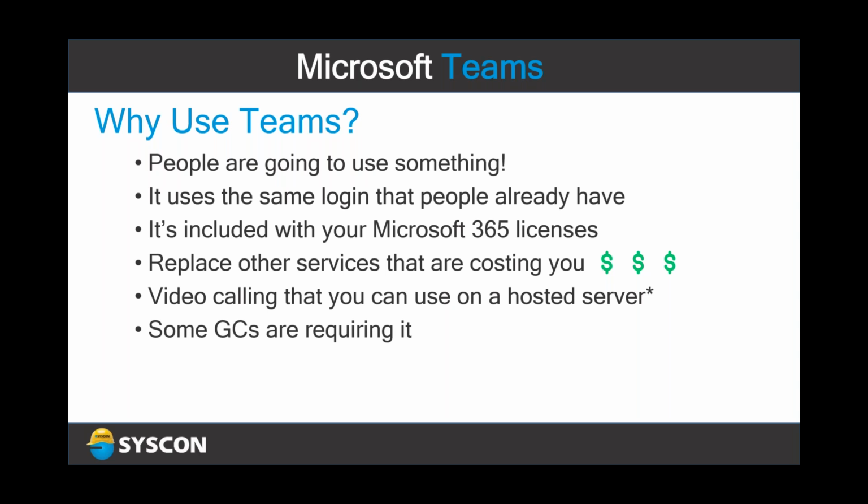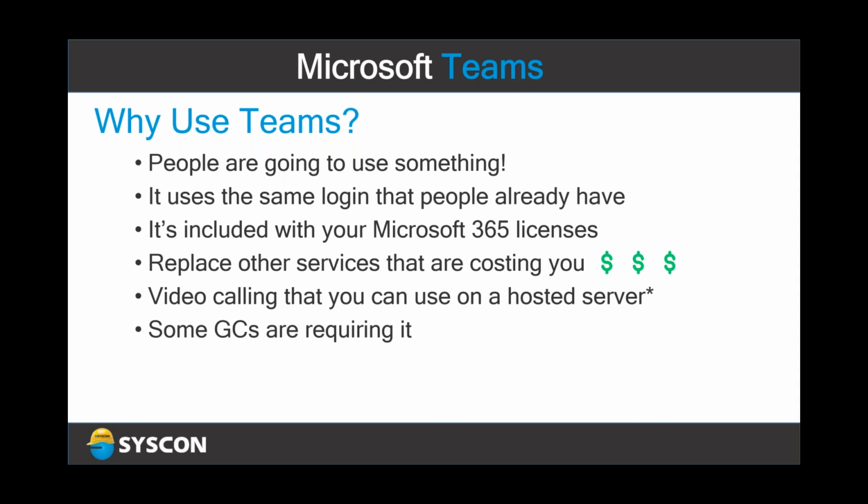Some GCs are starting to actually require that their subs use it, which I thought was pretty interesting when this started happening, but it's happening quite a bit. You can actually collaborate with people outside of your organization through Microsoft Teams. And so you can use Microsoft Teams and create a team within there that includes people outside of your organization.